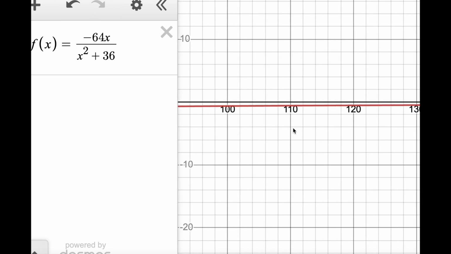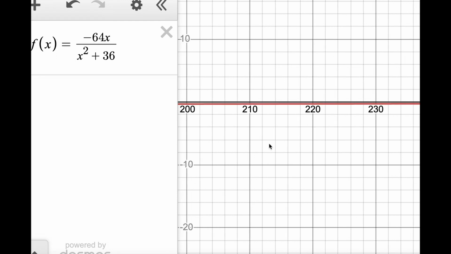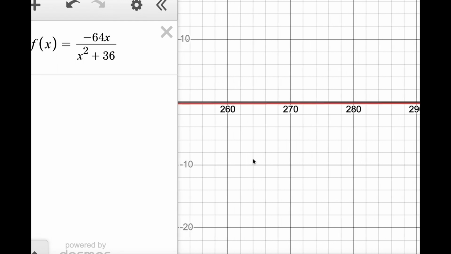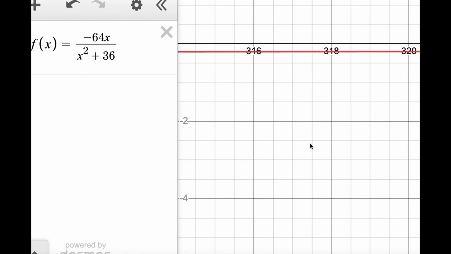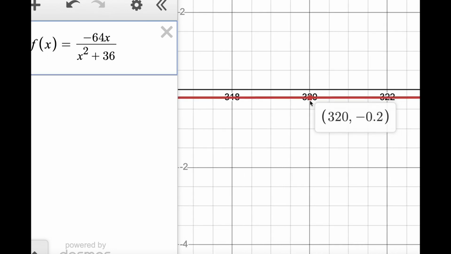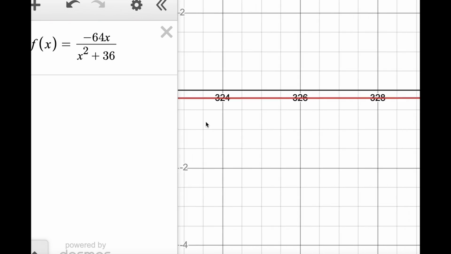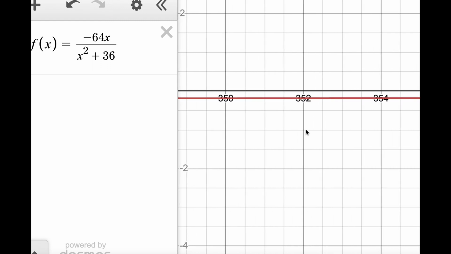You might argue that as you go way out, the slope of it becomes smaller and smaller, where it seems to level off. But even out here at 320, here we see that the function's value is -0.2. And now we'll go some more to the right and see if that changes.